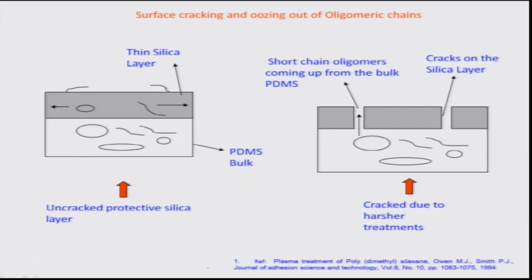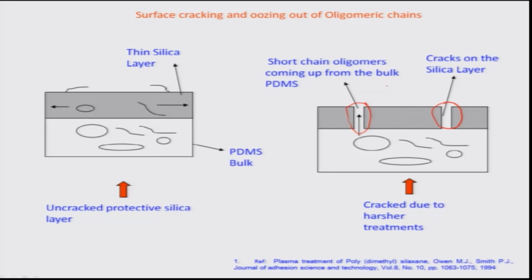There are many other phenomena which happen because of the exposure to oxygen plasma. One of them is chain scission, because of which there is a molecular reorientation and there is always a formation of a sort of crack on the surface. So in fact, if you look at this kind of an exposed layer of plasma, because of the huge amount of SiOH present, there is always a molecular reorientation, and the surface is a very dynamic surface.